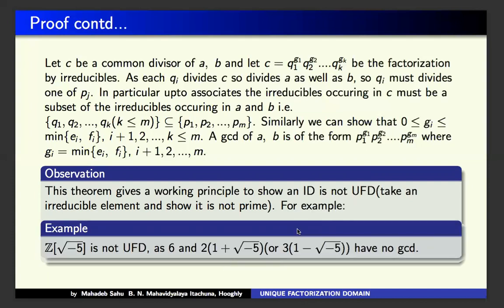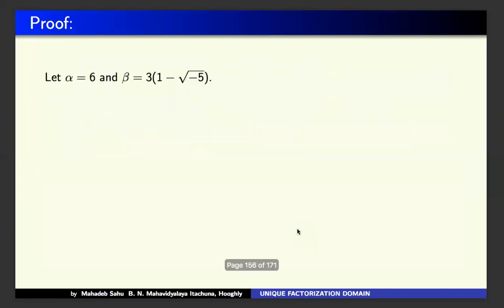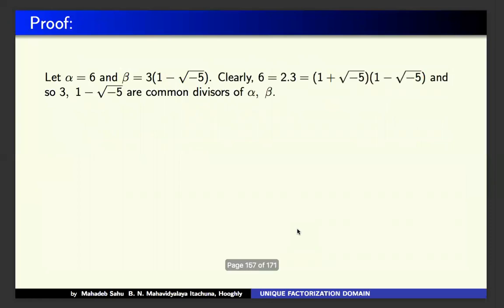For example, Z adjoined root minus 5 is not a UFD. You can prove in another way that 6 has two different types of factorization, but using this GCD criterion you can prove it in this form, because in a UFD any two elements have a common divisor.